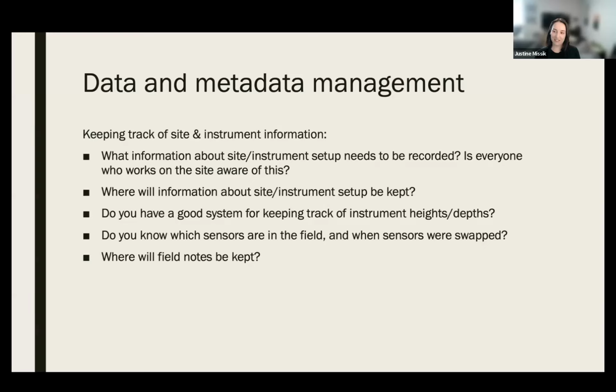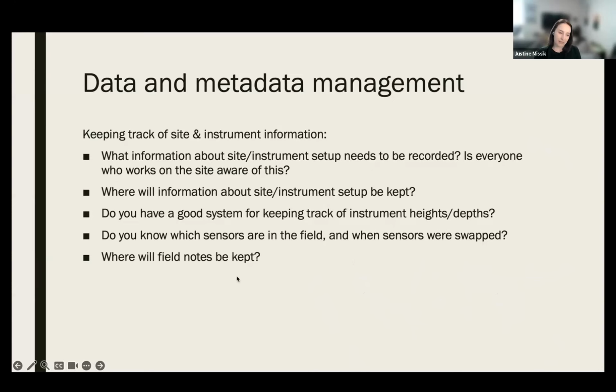And then when you go back to it later, it's difficult to figure out when exactly things happened, such as instrument heights being changed or different instruments being installed. That can be really difficult to deal with after the fact.